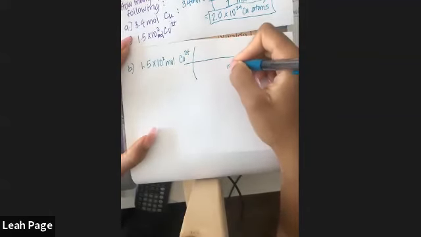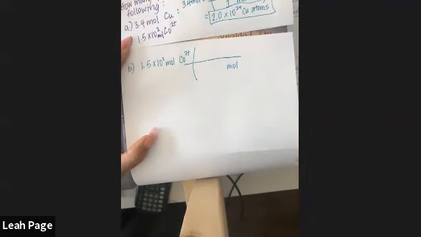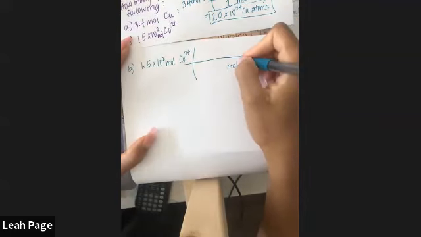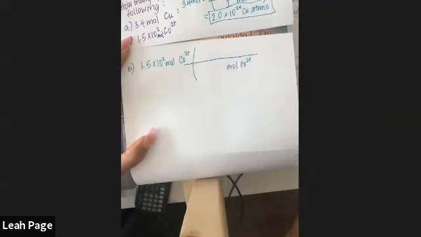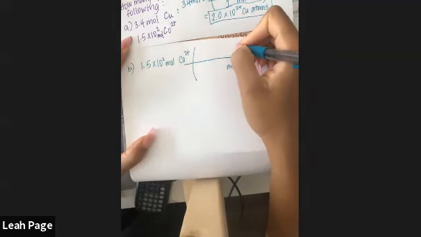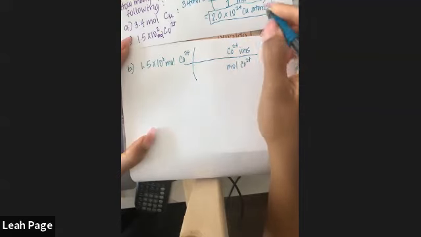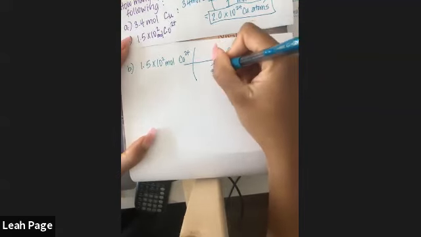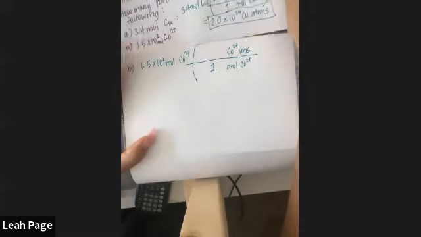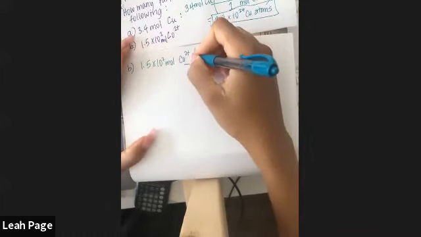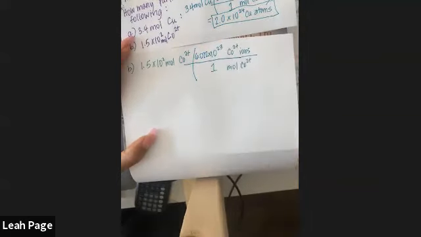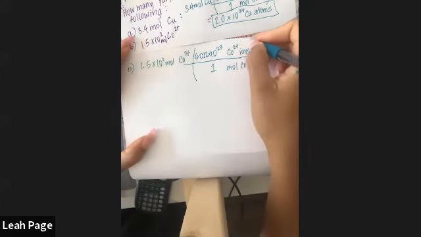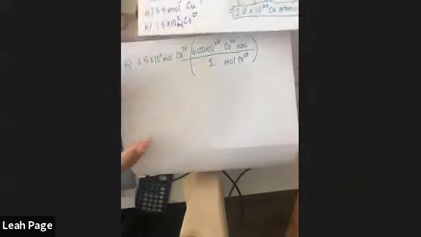So I have to write moles of cobalt ions at the bottom. And at the top, I'm trying to convert it to just cobalt ions. Once again, the 1 is going to go where the mole is. And anytime you have moles to ions, the conversion is 6.022 times 10 to the power of 23. So let's see if we can put this in our calculator and get the same answer.